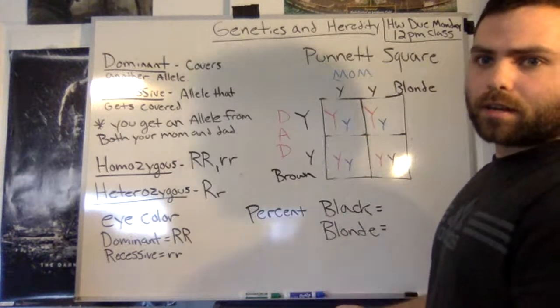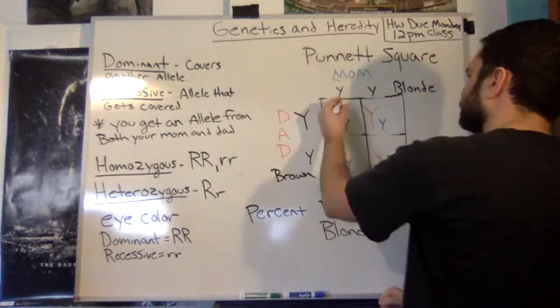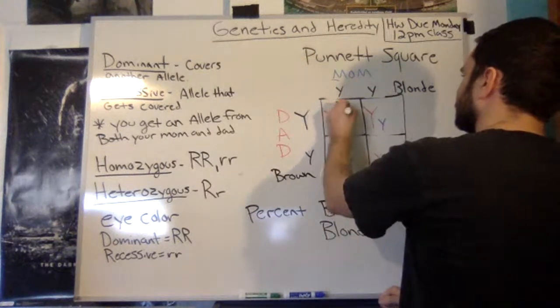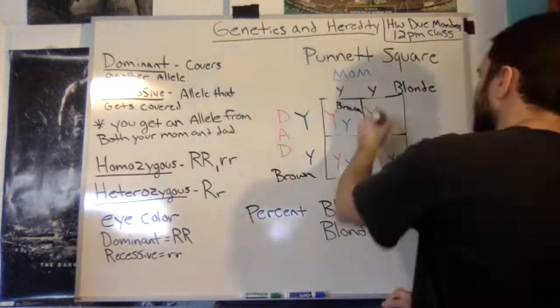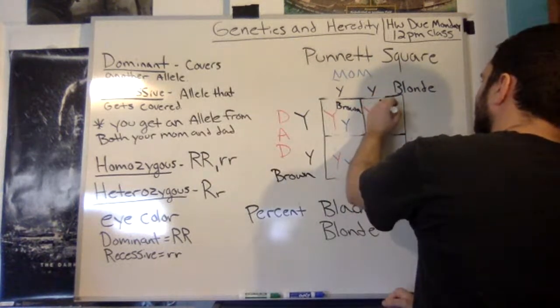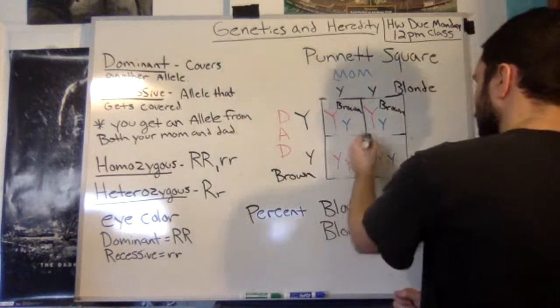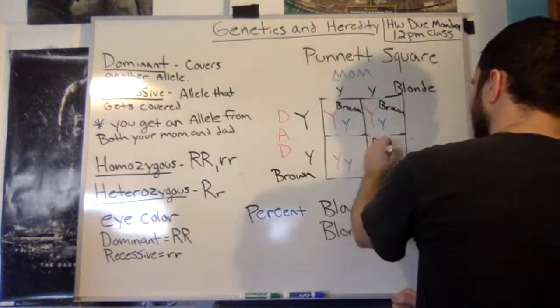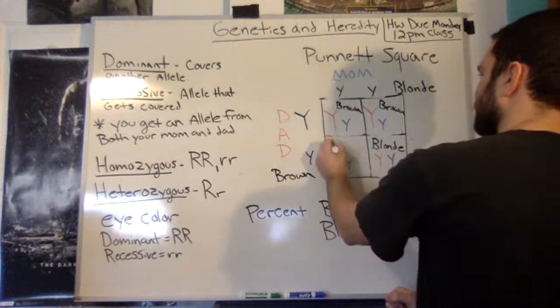So that's going to mean that box is going to be brown hair. We got uppercase Y and lowercase y, so now it's also going to be brown. Now we have two lowercase y's, so that's going to give us blonde. And then we have two lowercase, so that's going to give us another blonde.